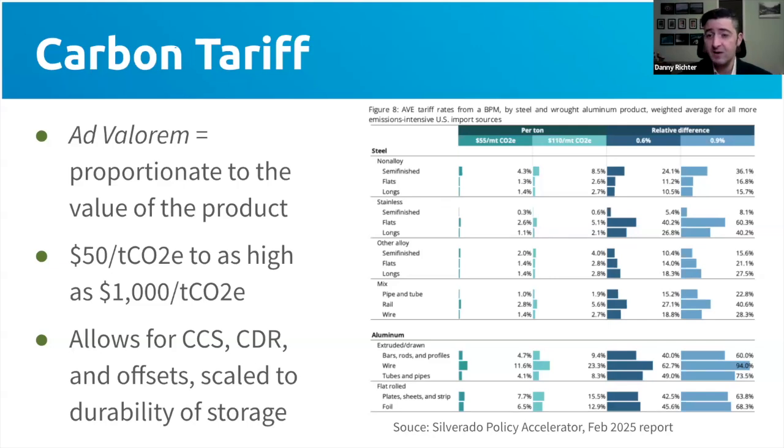Reading this language, it was very clear to me that they leveled up and they talked to some people who have been thinking about carbon dioxide removal, carbon capture and sequestration, and offsets in a very, very sophisticated way. So this is really interesting language and I think a real evolution on that point in legislation.